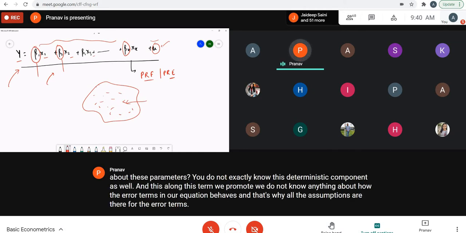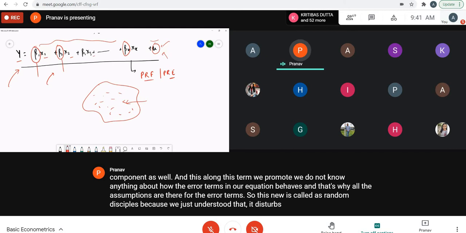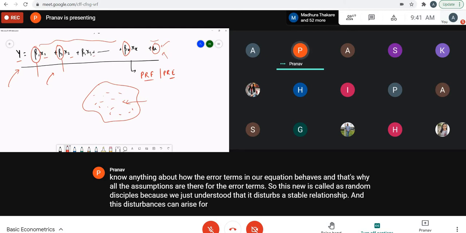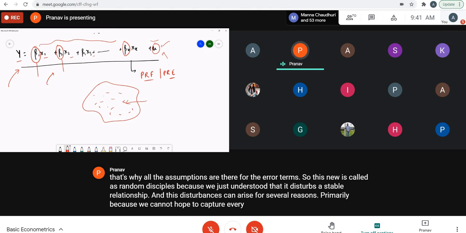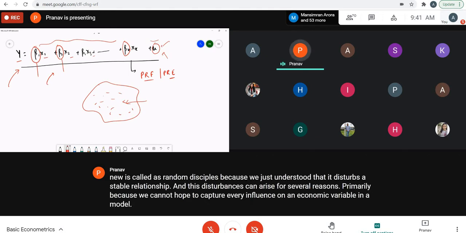So this mu is called a random disturbance because, as we just understood, it disturbs a stable relationship, and these disturbances can arise for several reasons. Primarily, because we cannot hope to capture every influence on an economic variable in a model, no matter how elaborate your model is.